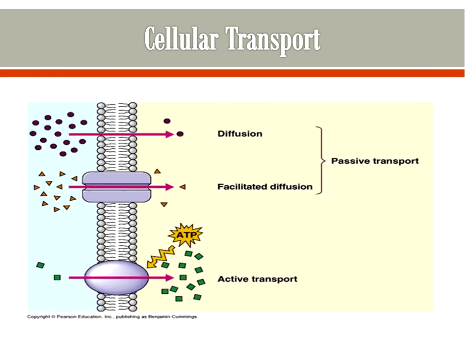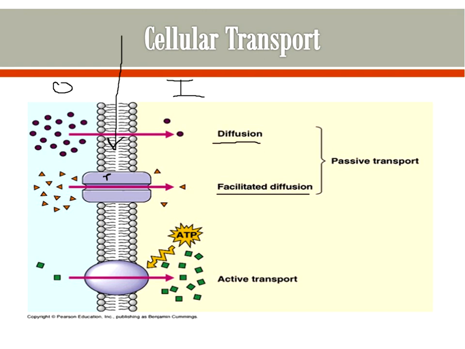Here's a good picture here. This is our cell membrane. This is outside. This is inside the cell. Diffusion is just particles going from a high to low concentration. We know that. Facilitated diffusion is the same exact thing, right? But it's with the help of a protein here. And active transport is the opposite.